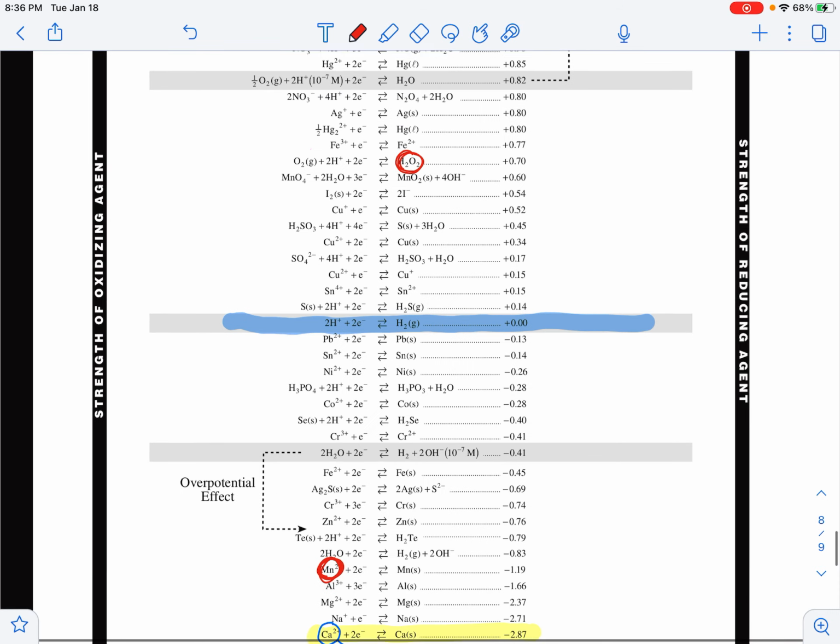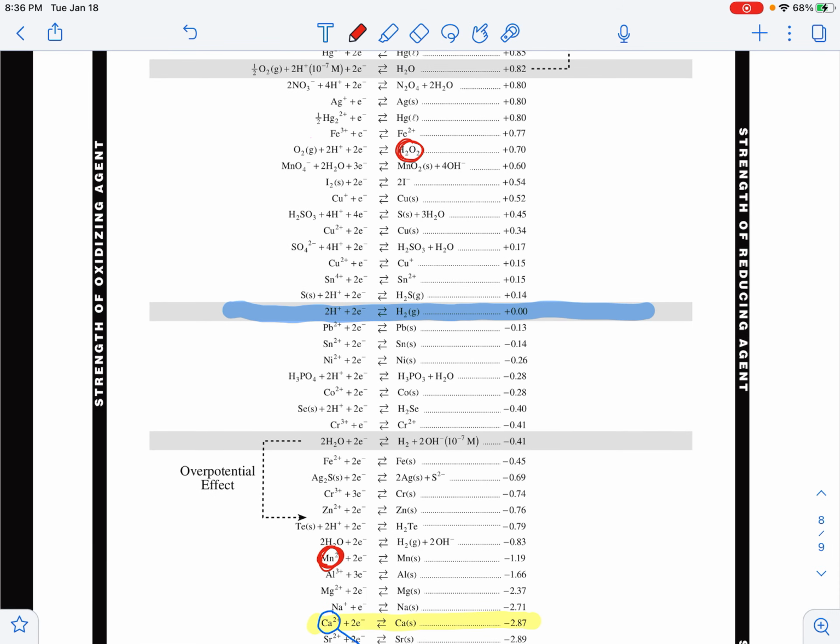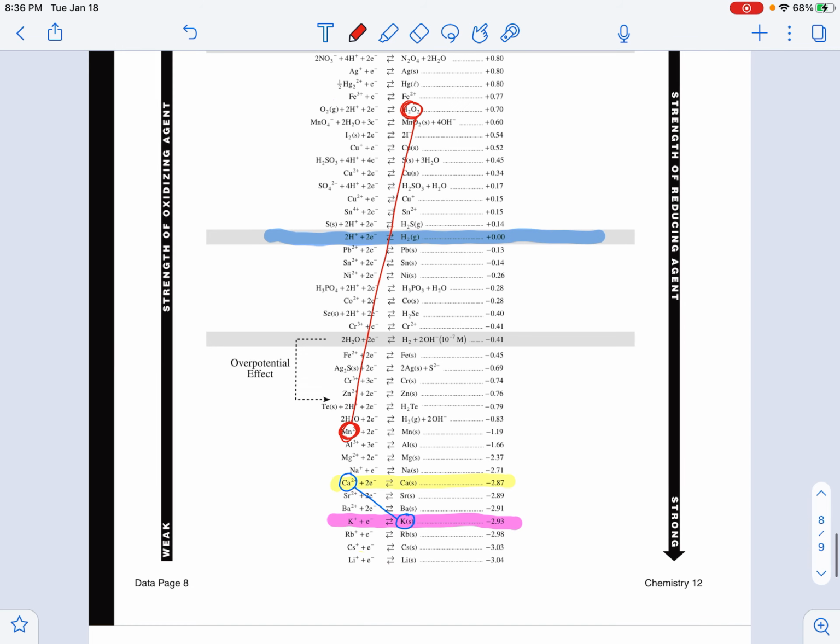Now, if I draw a line between those two, or you put your pencil over top of those two, they form the opposite slope. Anytime the thing reducing is below and to the right of the thing oxidizing, it's going to be non-spontaneous. And if the thing reducing is above and to the left, it is going to be spontaneous.